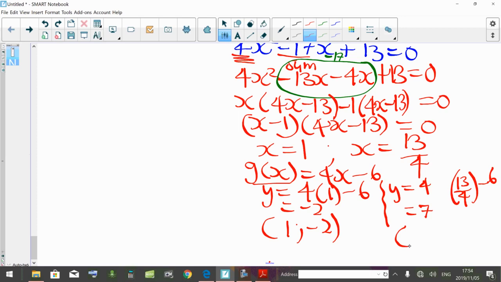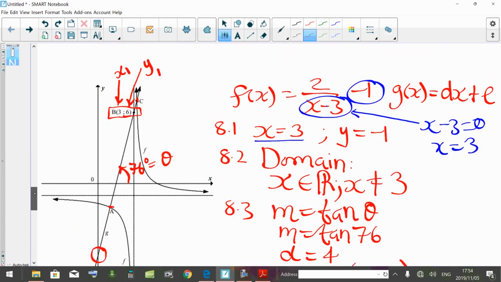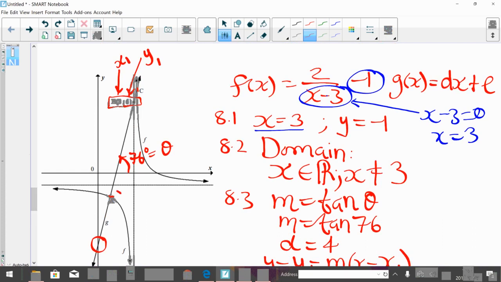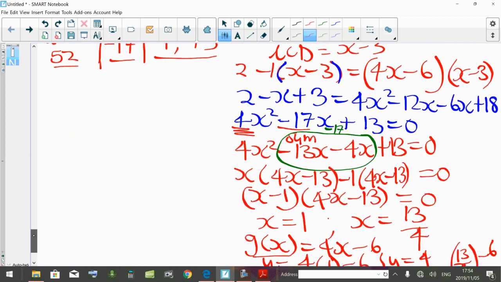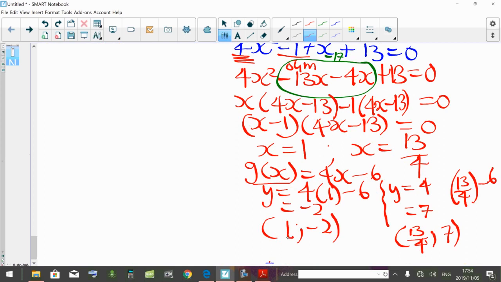Our second coordinate is therefore 13 over 4 and 7. But we need to make a choice here. We need to decide which one is A, which one is C. Going back to our graph, as you can see from the position, A will obviously be the smaller x value, and C will be the bigger or larger x value. So for our x values we have 1, we have 13 over 4. 1 is smaller, which makes this A, and the other is C. We are done.